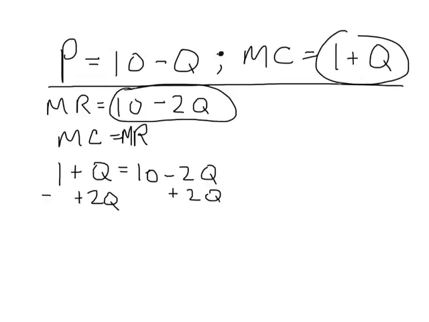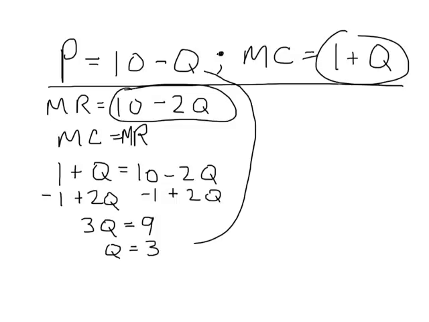I'm going to subtract 1 from both sides, and this becomes 3Q equals 9, and of course that means Q is equal to 3. Now when I want to know what the associated market price is, I'm going to plug that 3 into the demand function.